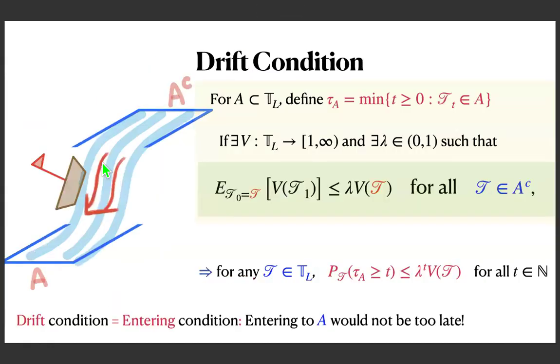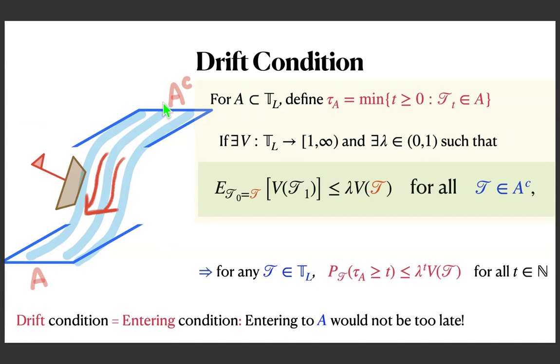And I want to share how the improved upper bound was proven. It's based on the drift condition technique, and I think this is a very interesting idea. The key idea of this drift condition is like this.